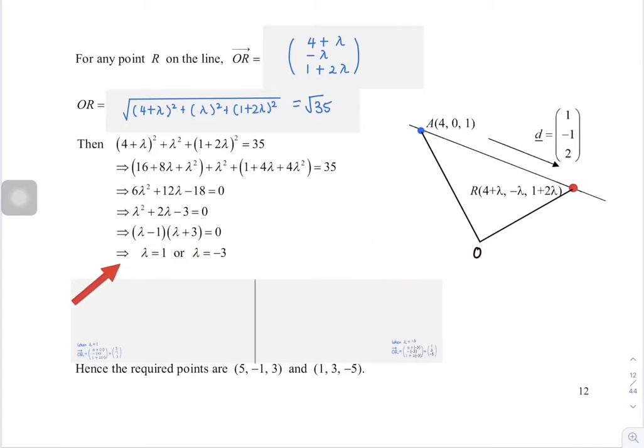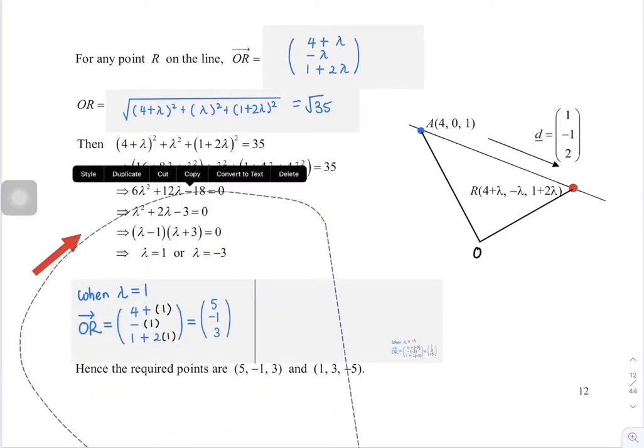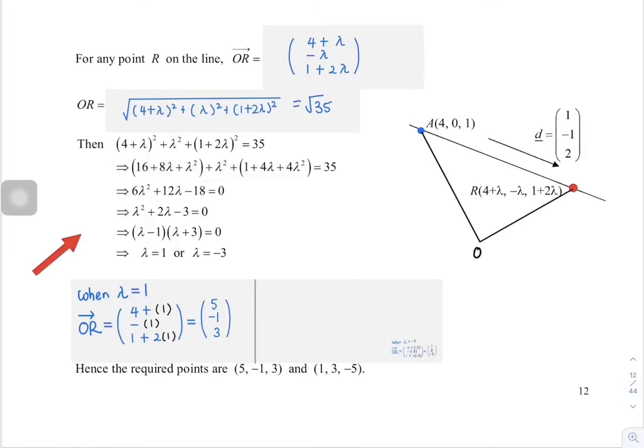For the first point, when lambda is equal to 1, the position vector of that point is given by 5, negative 1, 3. Therefore, the required coordinates of this particular point, which is square root 35 units away from the origin, is 5, negative 1, 3.